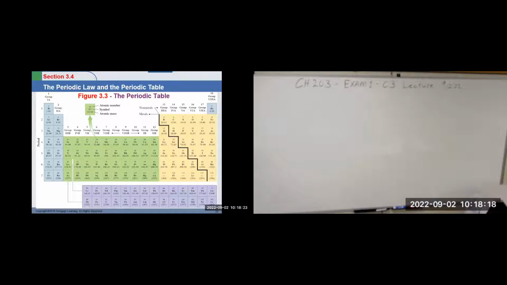There are a few in here like silicon, germanium, arsenic, antimony, tellurium, that depending on their reaction environment, sometimes they behave like metals and sometimes they behave like nonmetals. So those are called metalloids.